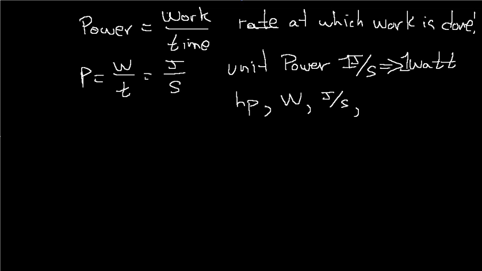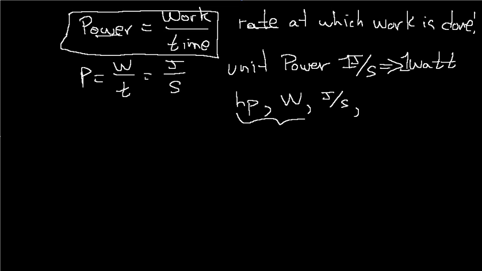We need to know that it's work over time, so you might want to remember this. You might find the work done in a certain time. Work over time will give you power, and these three are the units that can be used. We're going to focus on this one, and this one happens to be that. So a watt is a joule per second.